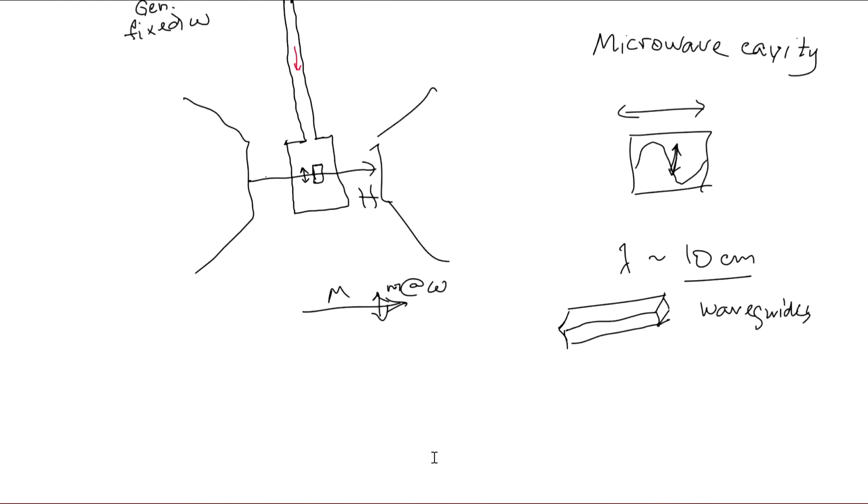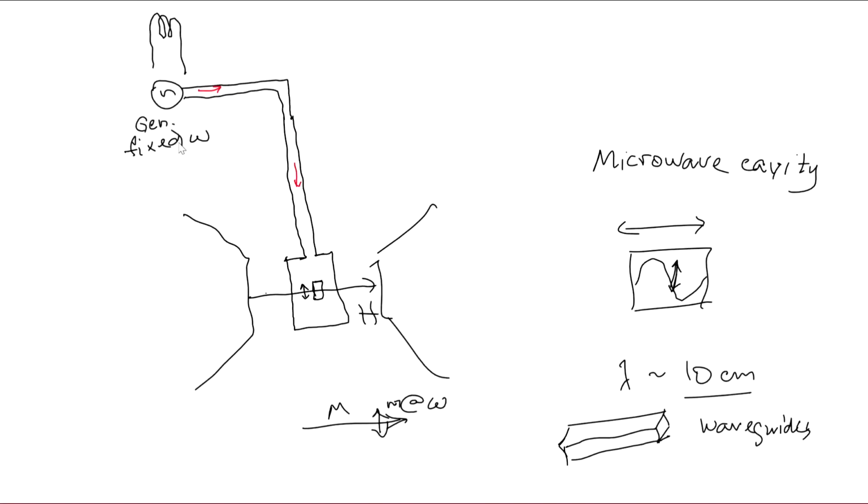So if you send waves in there, they will start to get absorbed. Now it's a standing wave inside the cavity, but here the wave goes there and then it returns. It's a wave, it reflects. So if there is no absorption happening here, the wave will return, and our goal is to measure that wave.